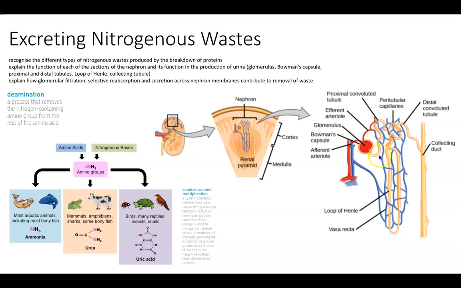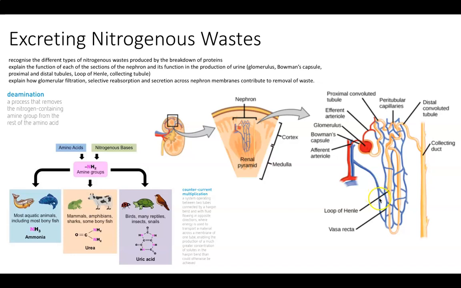So the rest of this process is all about keeping that waste out of our blood so that it can be excreted, but also reabsorbing, keyword, the good things that we want in our blood back into the blood from the nephron. Those good things are water and salts and sugars.